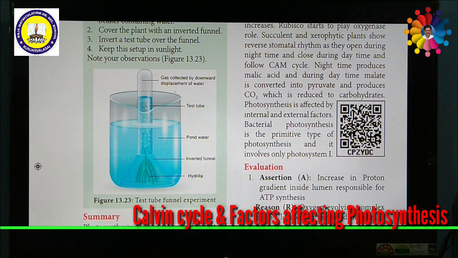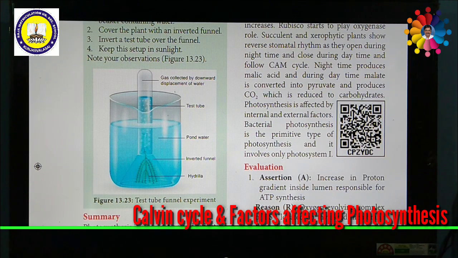How? It has a simple type of photosynthetic apparatus called chlorosomes and chromatophores. These two important organelles help the bacteria to do photosynthesis. Van Niel in the year 1930 discovered a bacterium that releases sulfur instead of oxygen.